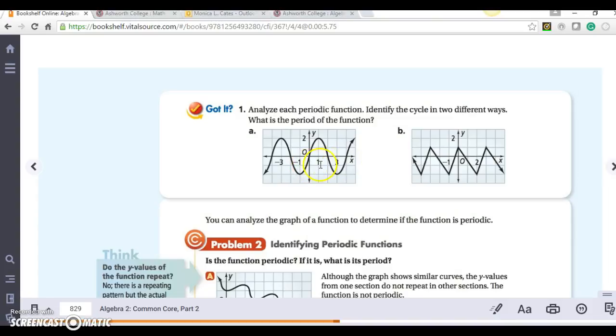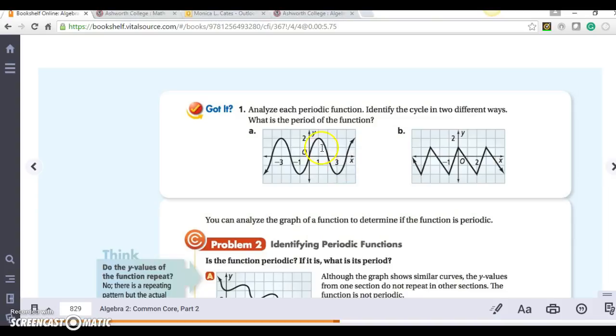From 0 to 4 is one cycle. If I even started from -4, I'm going up, back down, and up to my 0, 0. That's one cycle. So the period from 0 to 4 is a distance of 4.